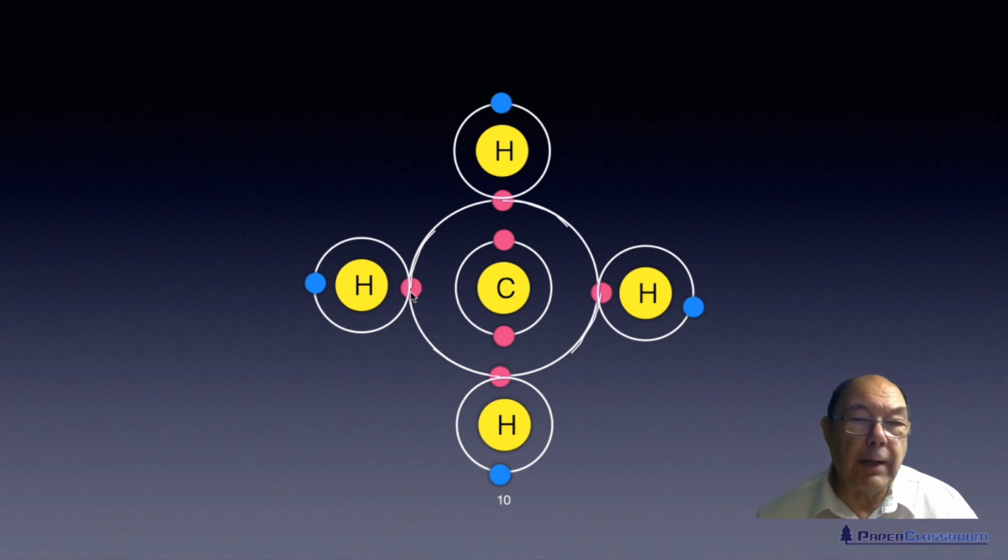Next it will switch over again, the electrons will move again, carbon will have 8, hydrogen will have none, then they'll switch again, and you'll have this situation all over again. So the electrons from the carbon and the electrons from the hydrogen, which by the way are completely indistinguishable, will take turns at travelling either around the hydrogen or around the carbon. So one moment the hydrogen is fully satisfied, the next moment the carbon is fully satisfied. So covalents share.